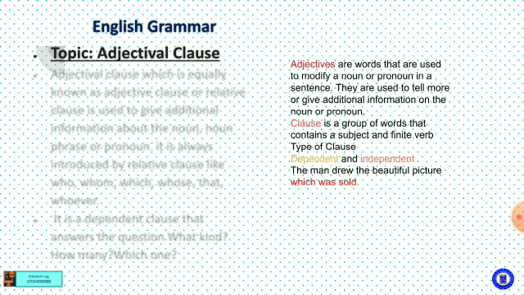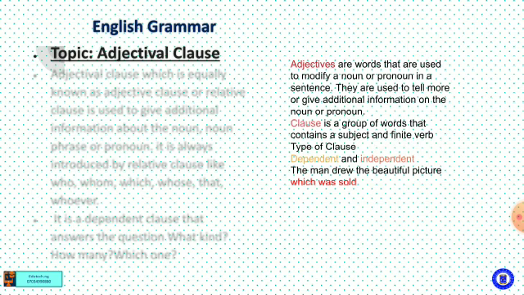When you don't know what an adjective is, what the function of an adjective is in a sentence, or what a clause is, it will definitely be difficult for you to understand the topic very well. Quickly, on your right hand side is a quick revision of what an adjective, a clause, and dependent and independent clauses are.